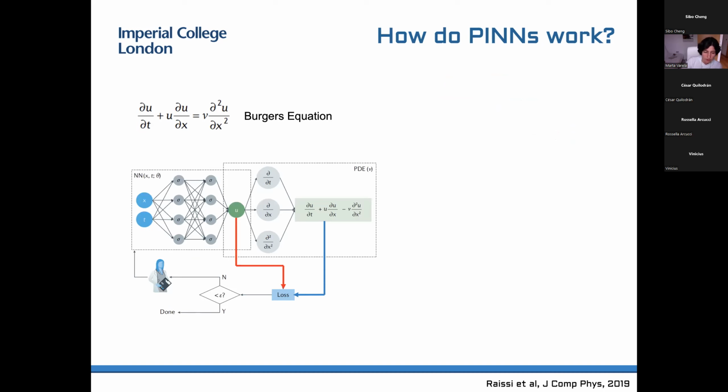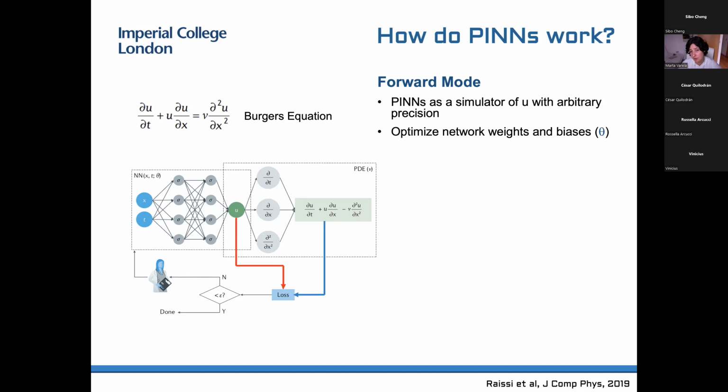So why would you take the trouble of doing all this? You can use the PINNs in two different modes. In the forward mode, you're using the PINNs as a way of finding the solution to the differential equation that best matches the data that you've acquired. And it ends up with a solution with an arbitrary precision.